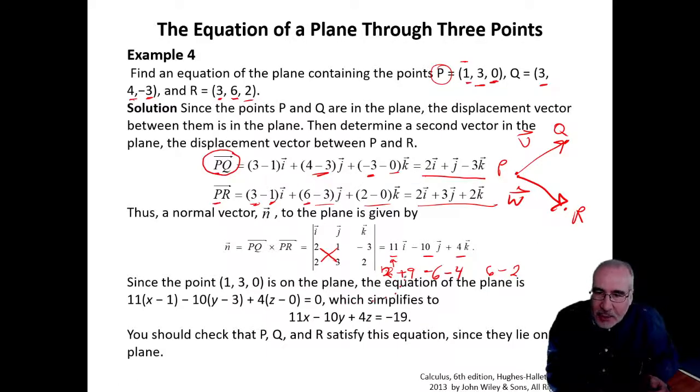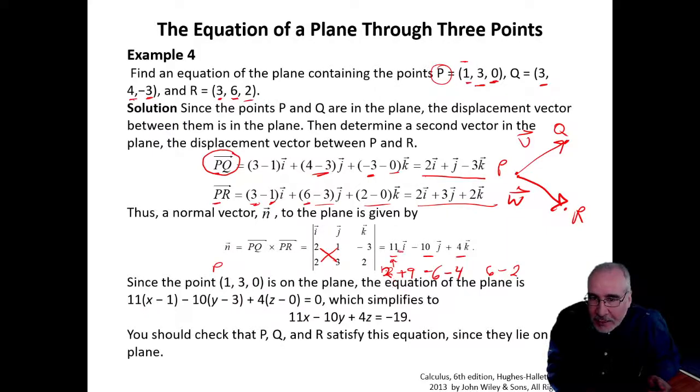And so what this is telling us is, here's our vector, and since the point 1, 0, 3, this is P, right, is on the plane, the equation of the plane is, and again, I guess we could have chosen any of these other points because they're also in the plane, but this is what we did in the previous lesson.